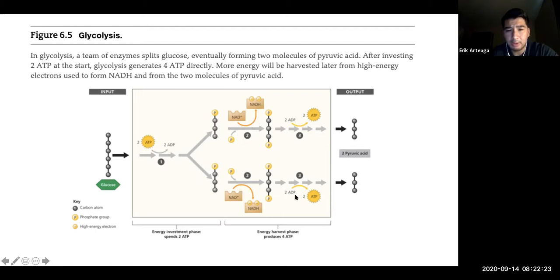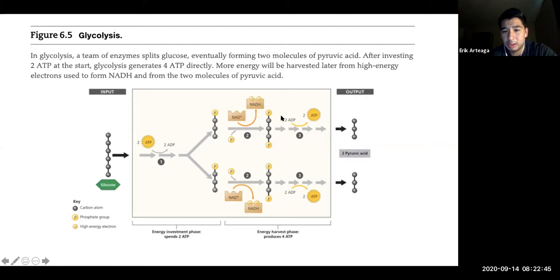And that's kind of important to note, because this is what organisms do without the presence of oxygen and without the presence of the terminal electron acceptor, which we'll talk about in a minute.